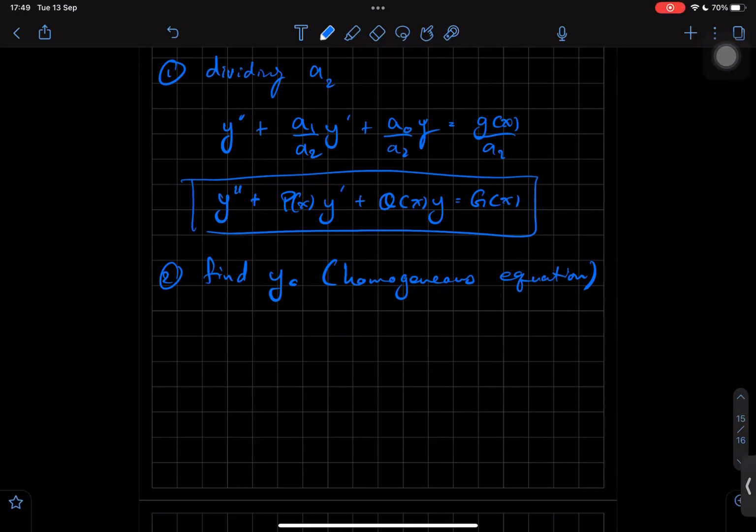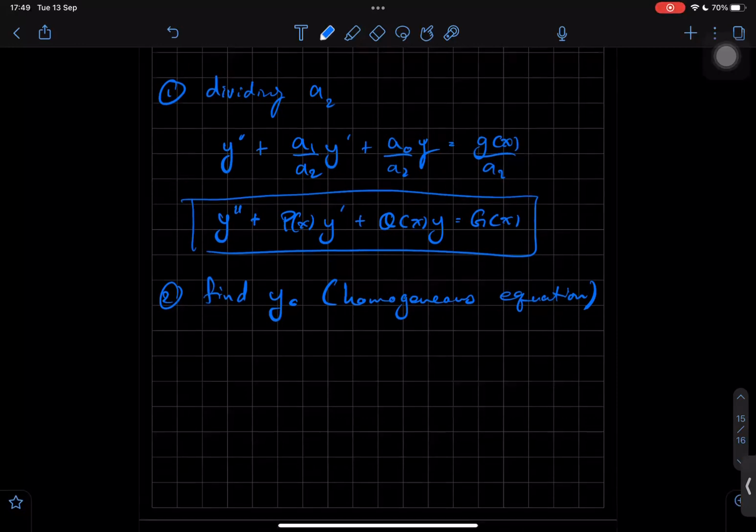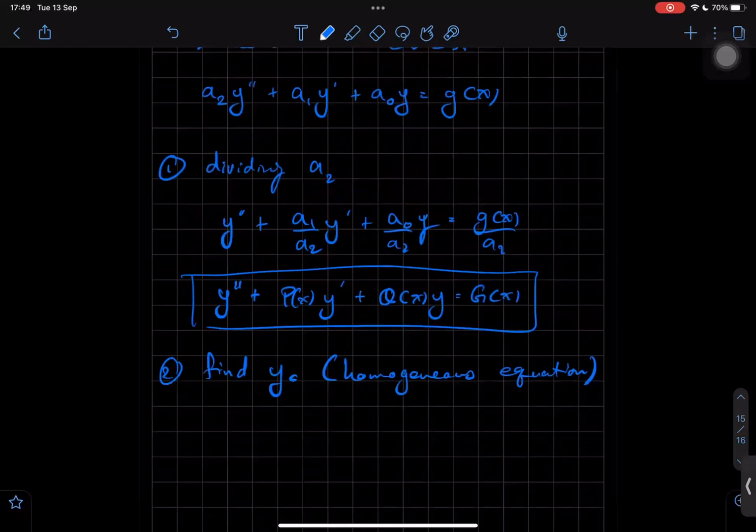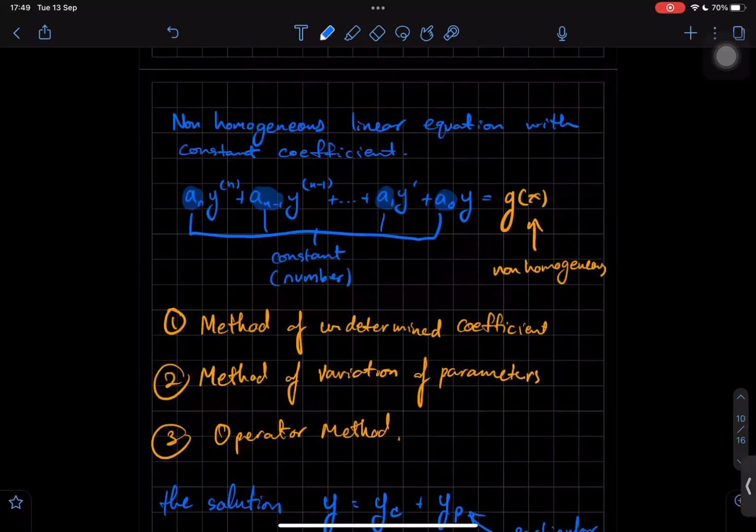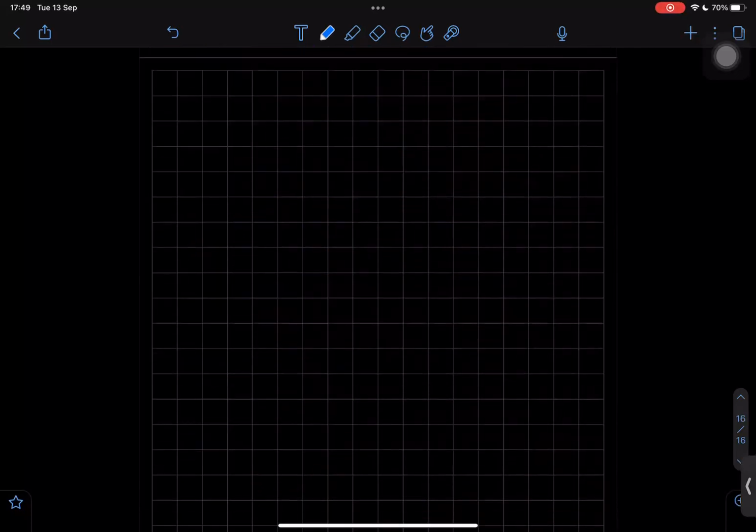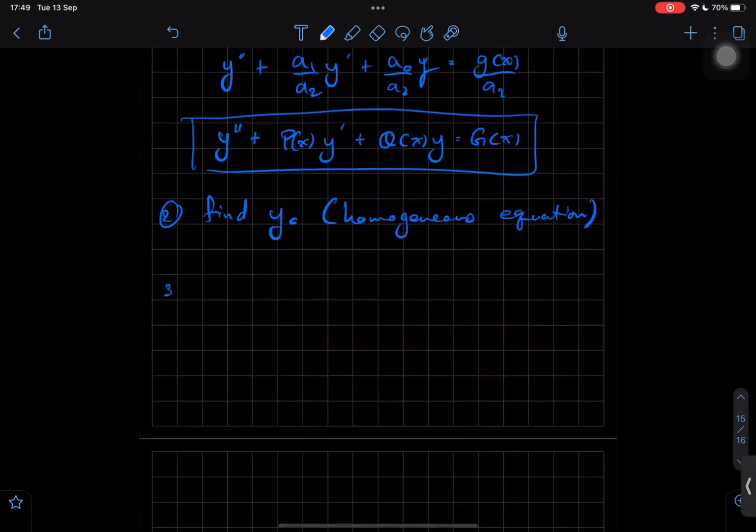But I think in the exam, most of the time you're going to see p(x) and q(x) be constants, so you can use the method that I taught before here. The third step is finding yp. This is the hard part.